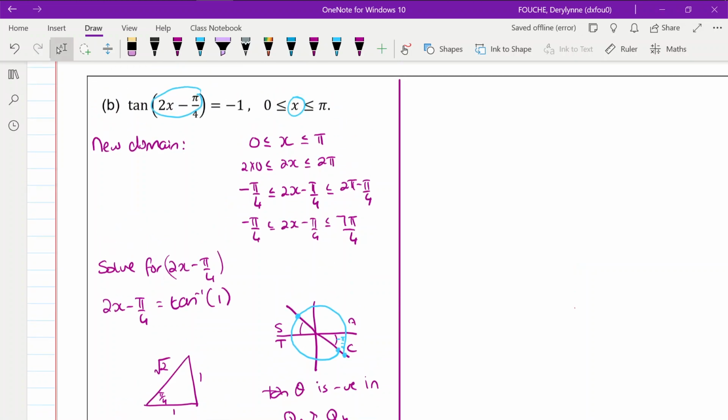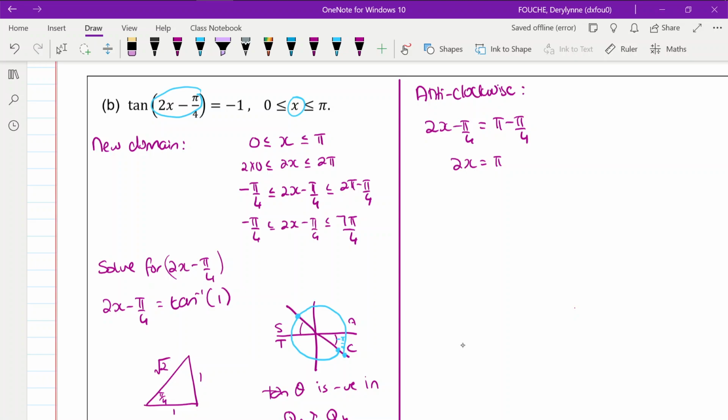Okay, let's do our counterclockwise or anti-clockwise one first. Okay, and in that case, I'll do my first one there, so my 2x minus pi on 4 will be pi minus pi on 4. That's going to be this first one over here. And so I've got 2x is equal to pi minus 2 pi on 4.